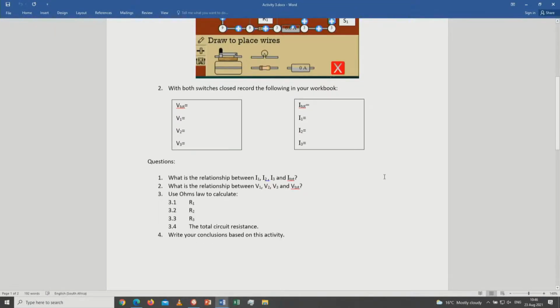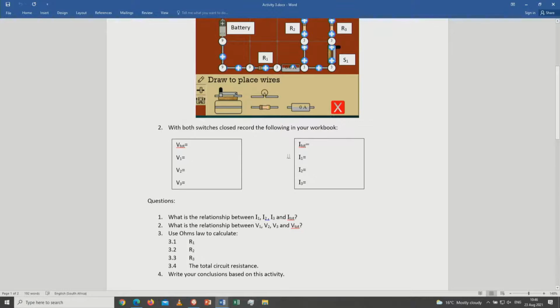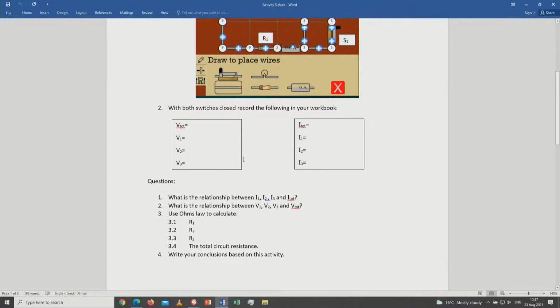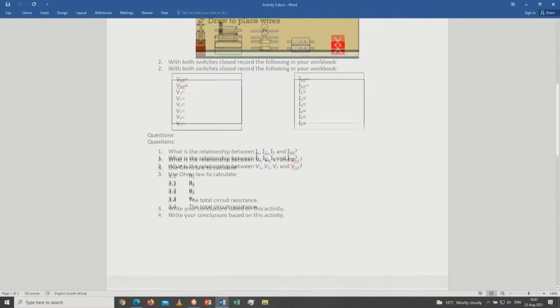Although you will need to record all this information, I think what I will try to do is to just effect those changes on the circuit and see what happens. Then learners can complete the information and see if they can make sense of that information.